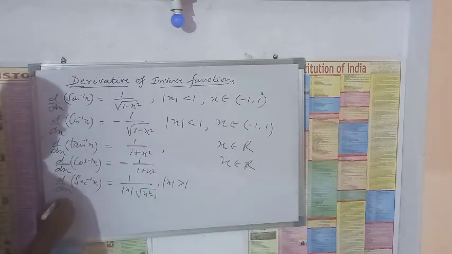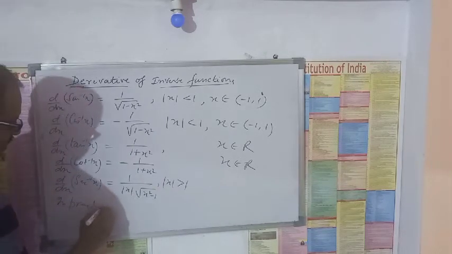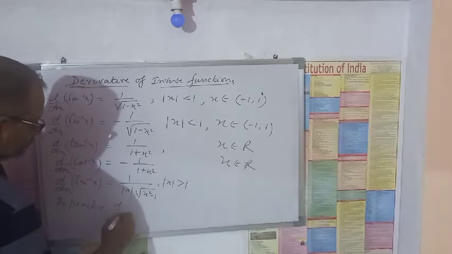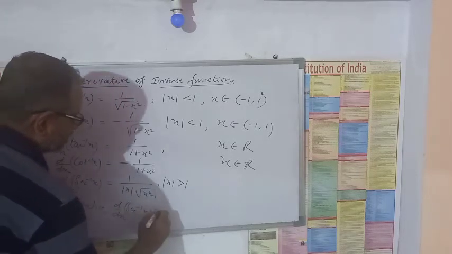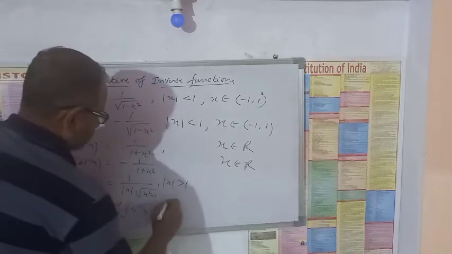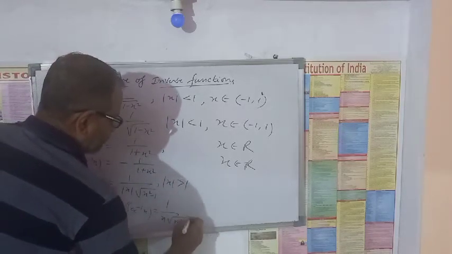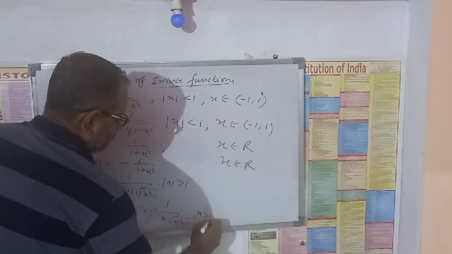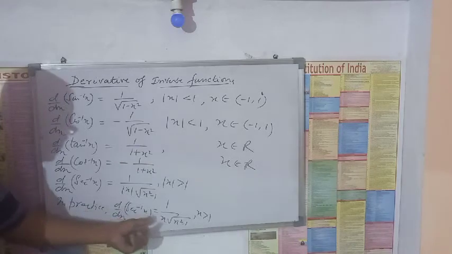In practice, we use d by dx of sec inverse x is equal to 1 by x under root x square minus 1, where x is greater than 1. In practice, we use this result.